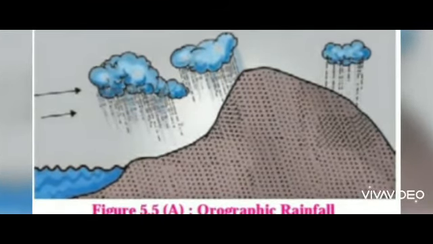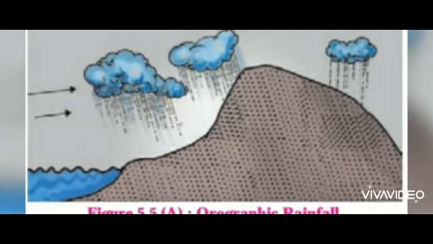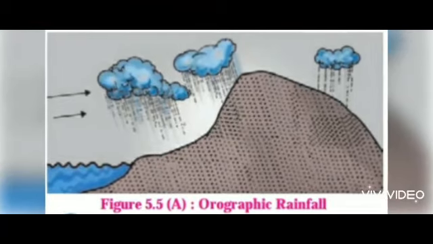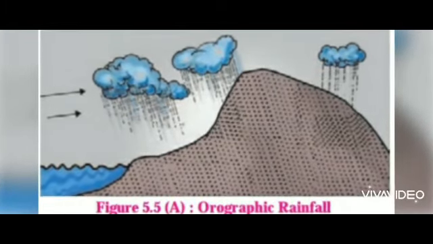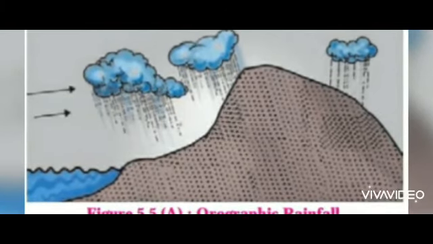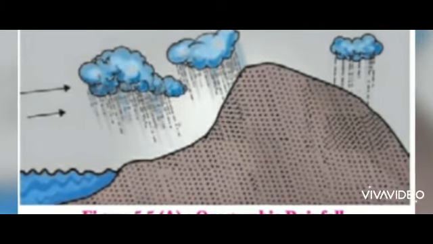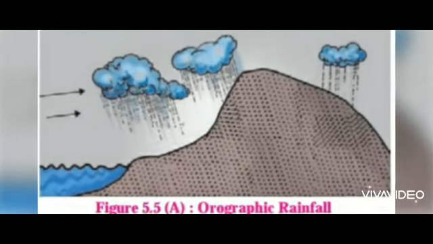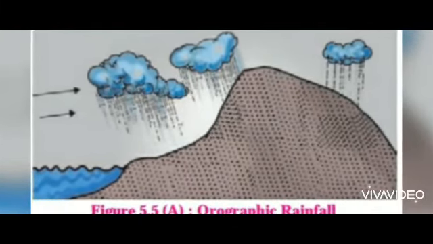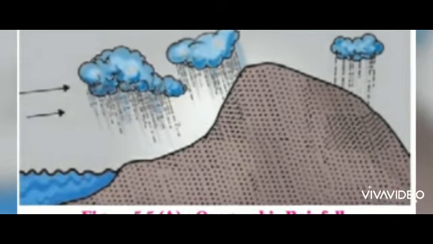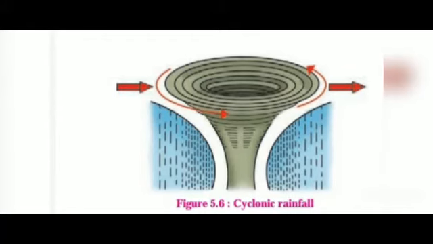Such rainfall is known as orographic rainfall. The windward side of the mountain gets more rainfall, and the leeward side becomes the rain shadow region. So that area in the leeward area is called the rain shadow area. India receiving rain due to monsoon winds is predominantly an example of orographic rainfall.